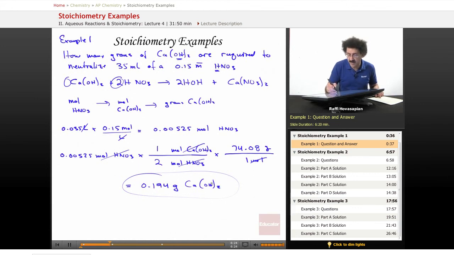In other words, what I'm adding here is base hydroxide to H+, the hydrogen ion, which is acid, to neutralize it to form water under this reaction. This is a standard neutralization reaction. Acid plus base goes to water, and the salt is calcium nitrate. Acid plus base goes to salt and water. Always, always, always. Okay.